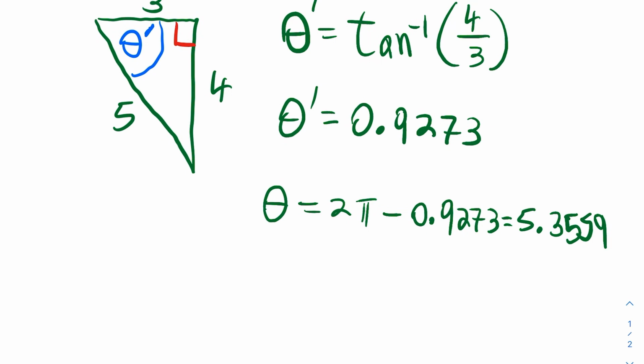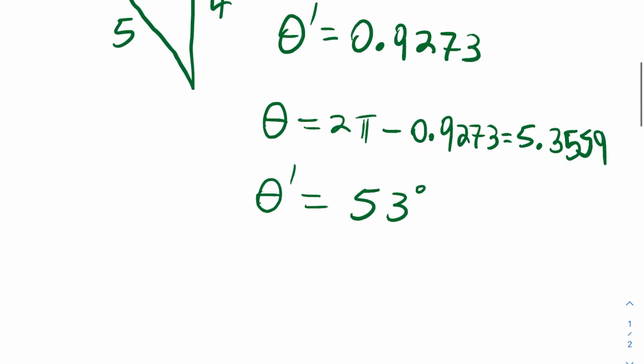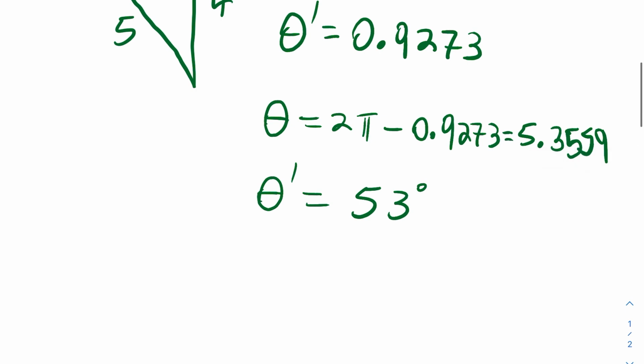Then I'm going to do the degree mode. I change my calculator to degree mode, and I find that theta prime in degree mode is 53 degrees. And once again, in order to find theta itself, since theta is in the 4th quadrant, I have to subtract the reference angle from 360.